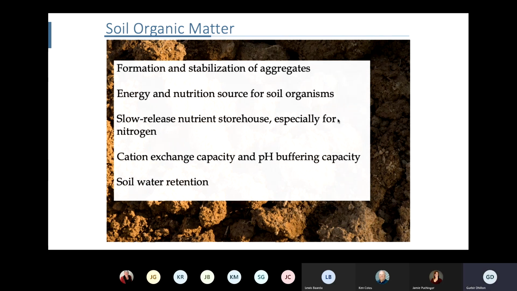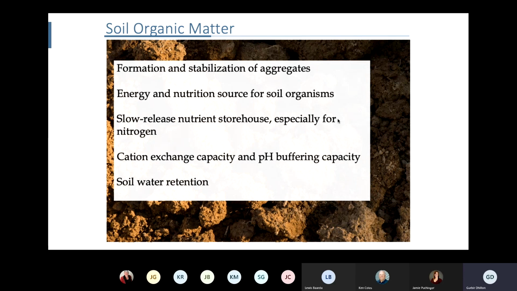Its cementing properties hold silt and clay particles together, thus forming as well as maintaining the soil structure, and it reduces losses via wind and water erosion. It's a source of energy and nutrients for soil microorganisms. Thus the biological component of soil is dependent on it.